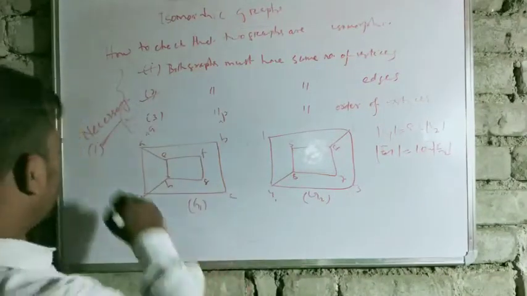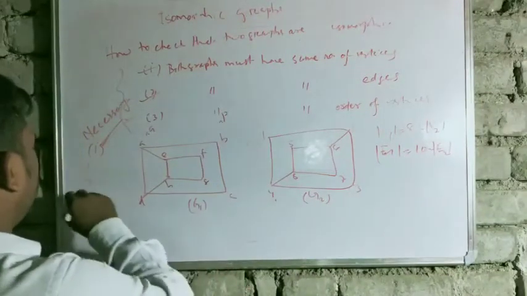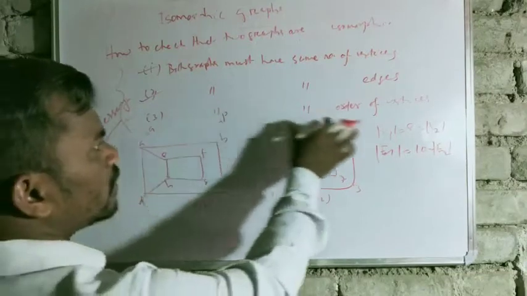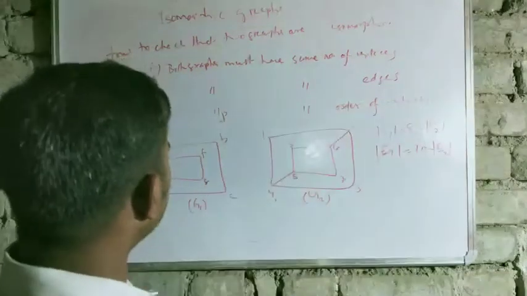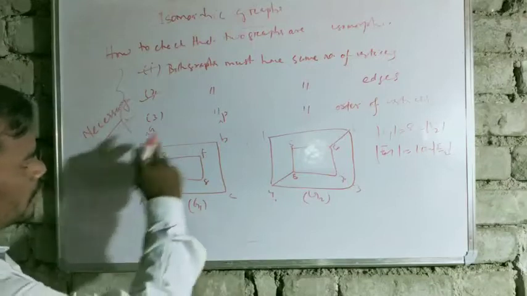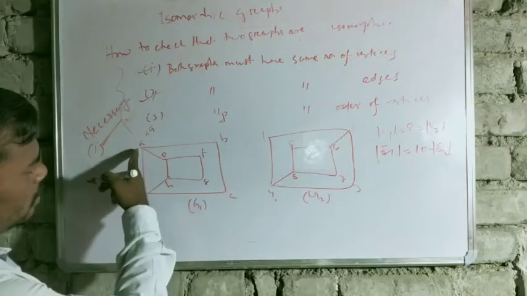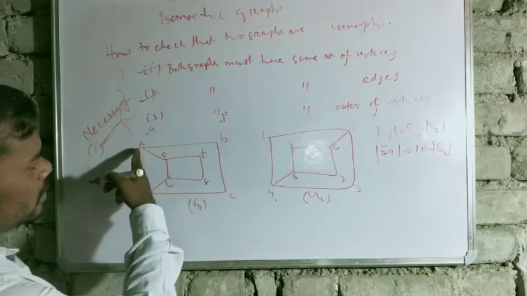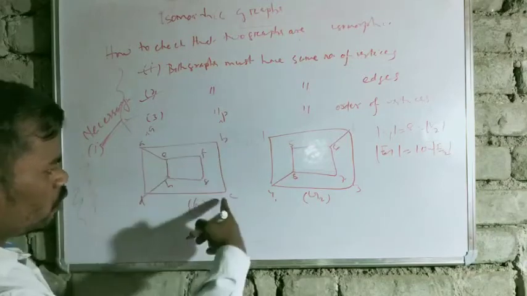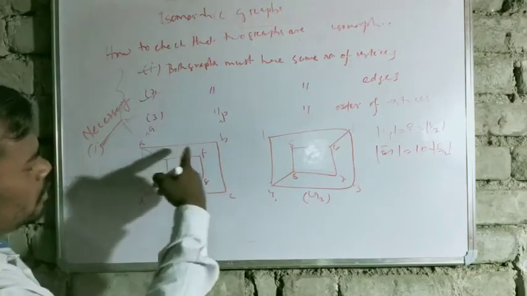If you see the order, the degrees of the vertices here, the degrees are 2, 2, 3, 3, 3, 2, 2.